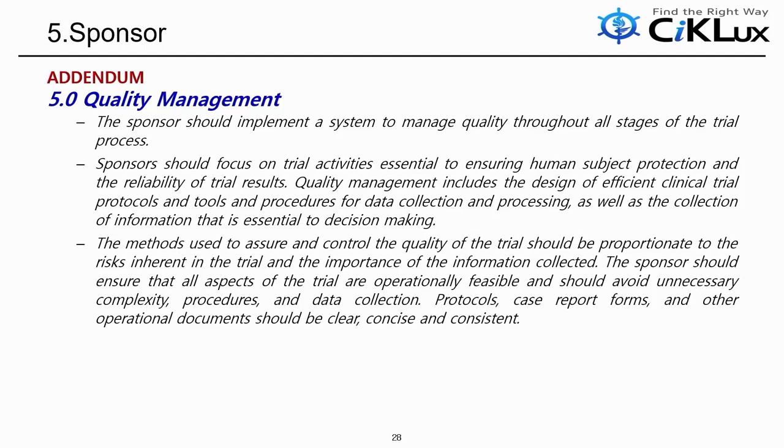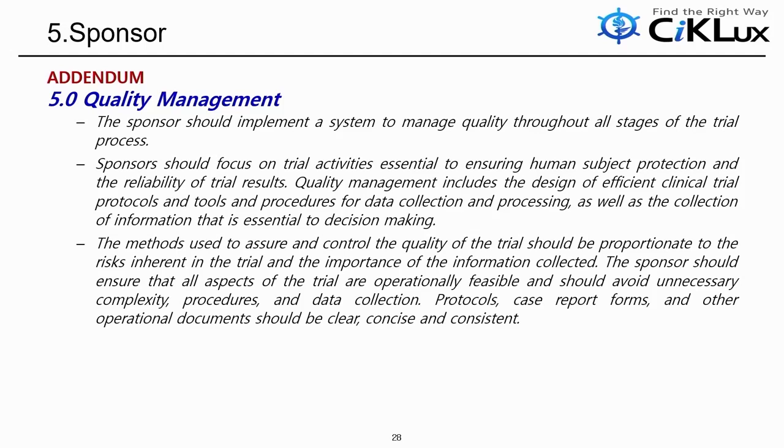So it's something new. Do you remember what the title for 5.1 was? Quality management and assurance? Actually, that's the very first one that the sponsors need to do. Quality assurance and quality control. But even before that, there is a 5.0.